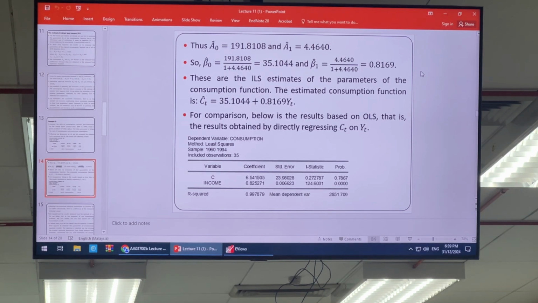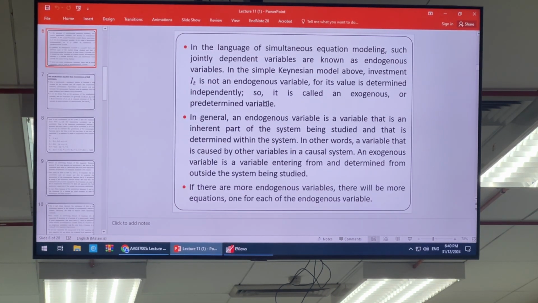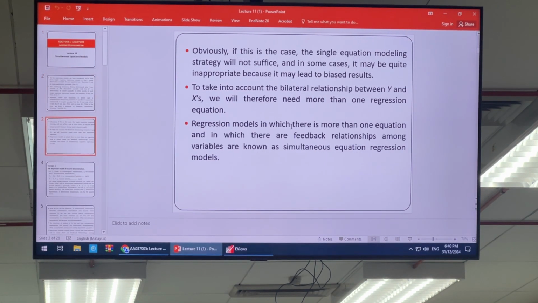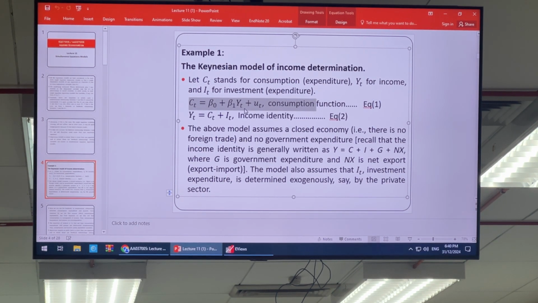So these are the indirect least square estimates of the parameters of the consumption function, the estimated consumption function, so that can be written as this. So now we get the estimate for the first equation. But we do not get the estimate directly, but we have to get the estimate indirectly.